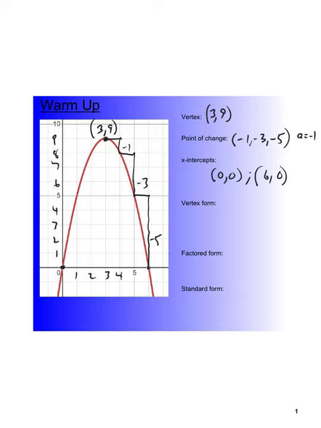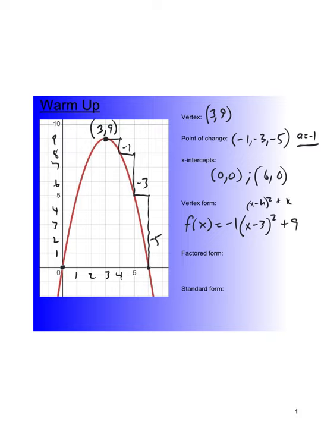If we were to write this in vertex form, vertex form is based off of our vertex. So we've got that -1 up front because that's our A here. And then our vertex was at 3, 9, so that would be x minus 3 squared, and then plus 9. That's because it's x minus h plus k.